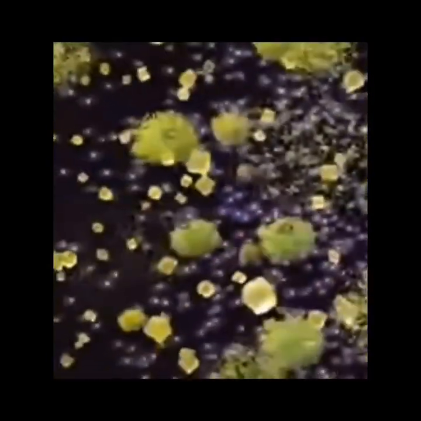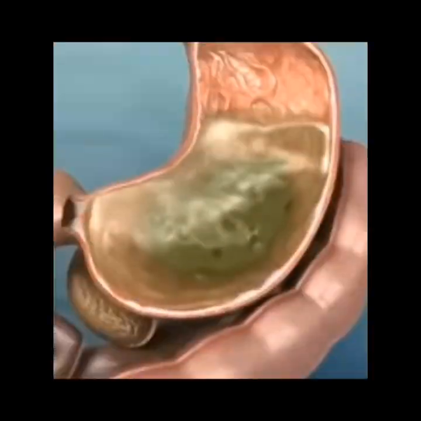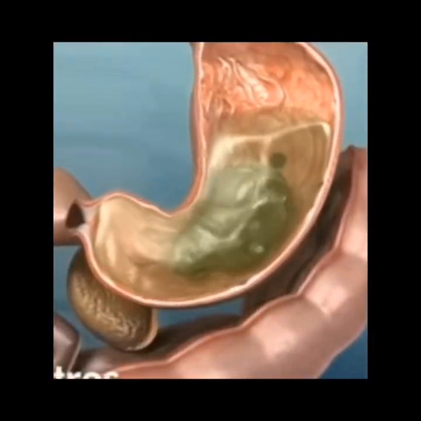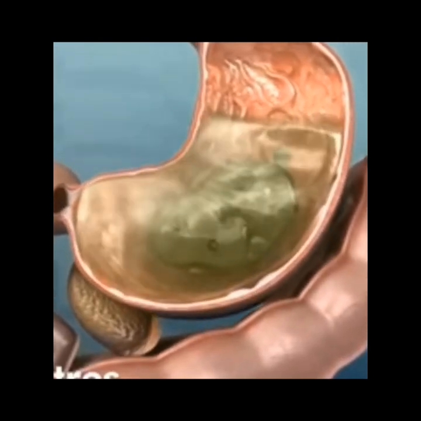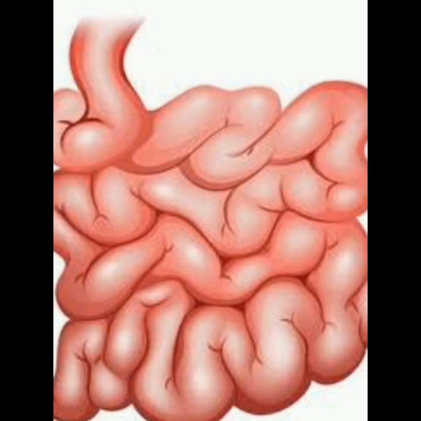The mucus protects the lining of the stomach. The acid kills many bacteria that enter along with the food and makes the medium in the stomach acidic and helps the digestive juices to act. The digestive juices break down the proteins into simpler substances.